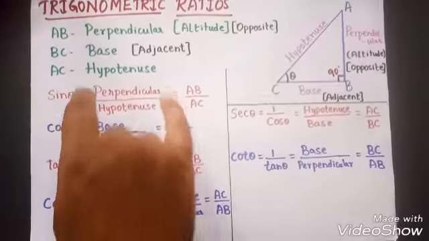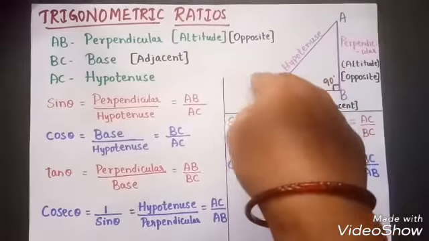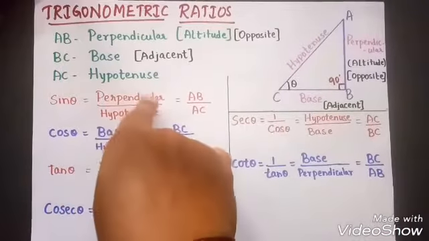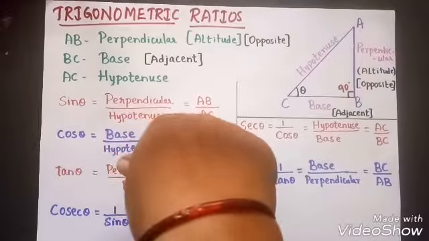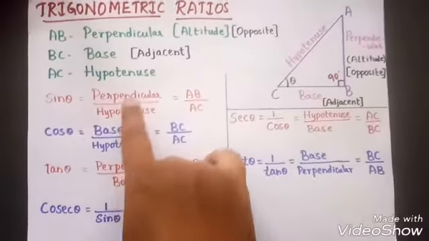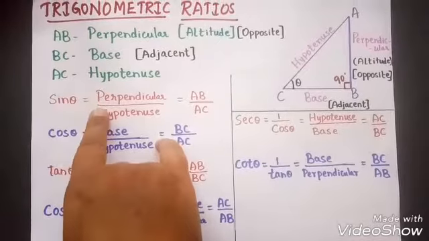Sin theta is written as perpendicular by hypotenuse. Perpendicular is AB and hypotenuse is AC, so AB by AC will give you sin theta.